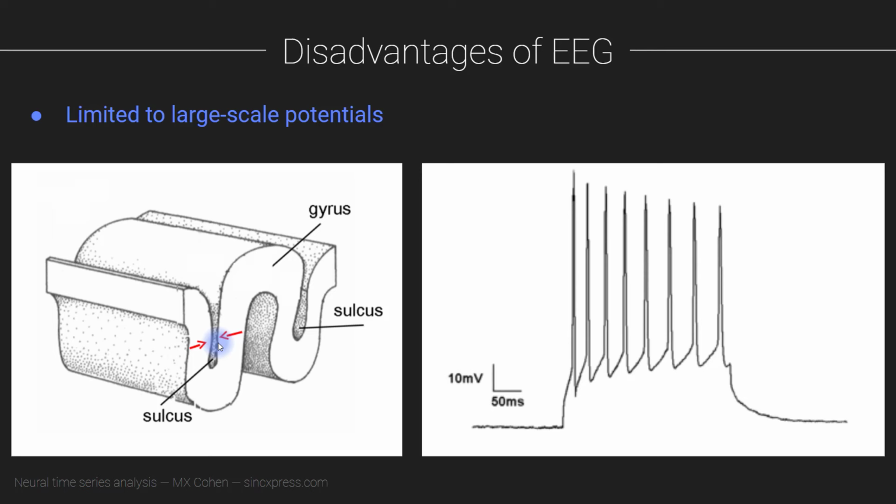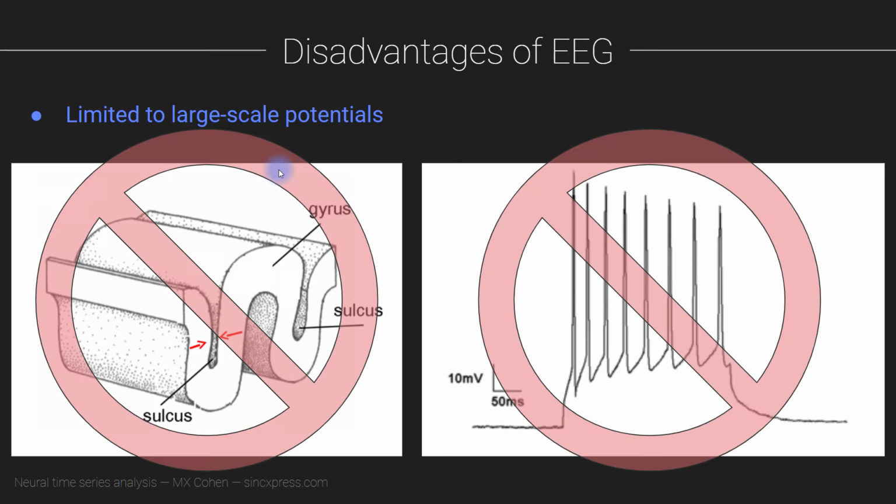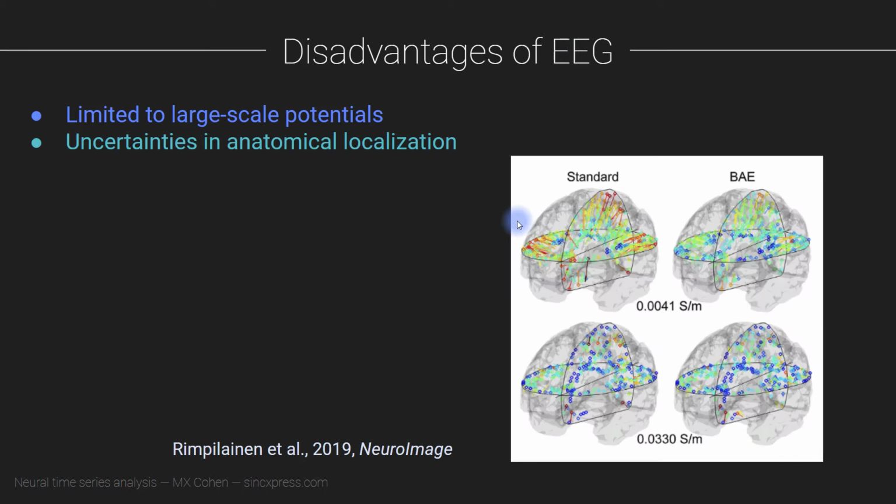So you can have electrical fields from geometrically opposing dipoles cancel out, leading to zero change in the voltage that you can measure with EEG. Okay, so this is sort of off limits. There's tons of stuff that's happening in the brain that is invisible to EEG.